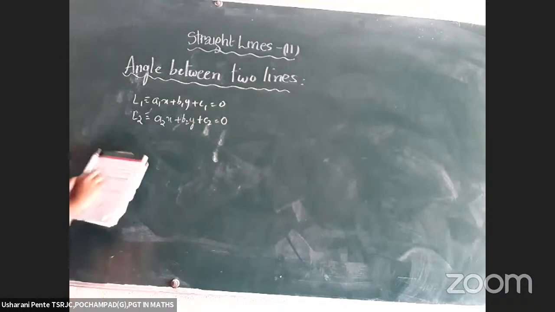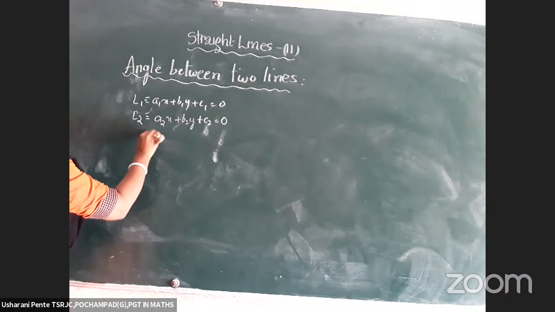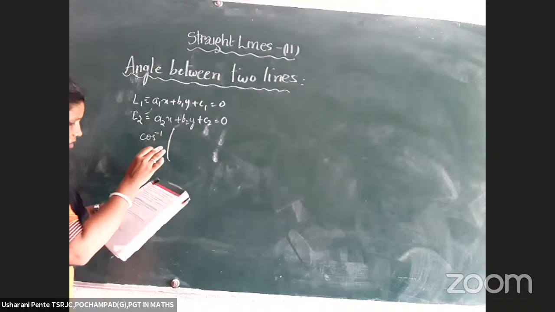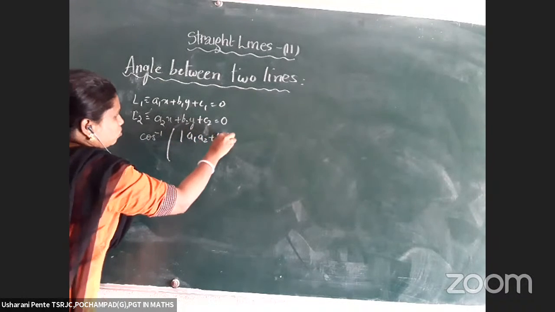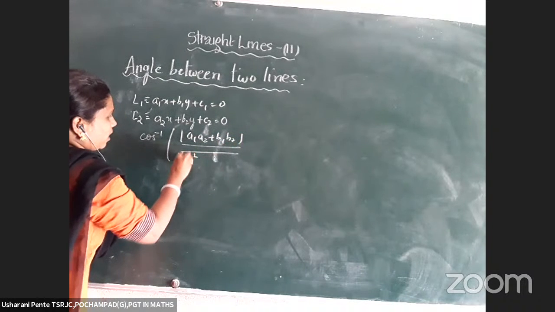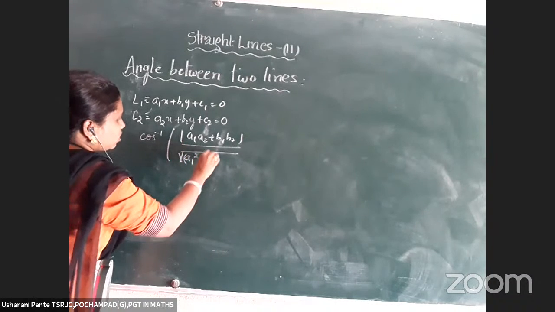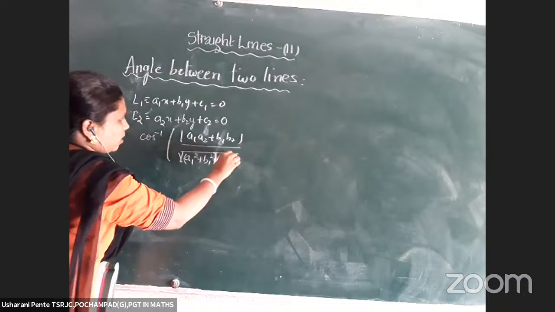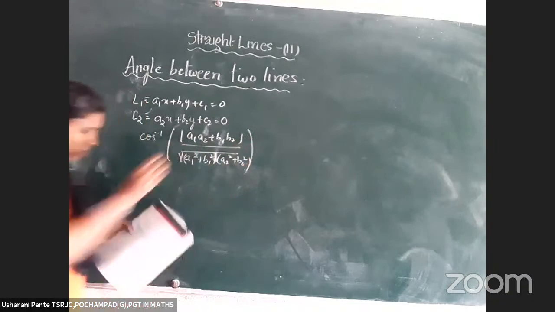Now what we need to prove is that the angle between them is cos inverse of mod of A1 A2 plus B1 B2 by under root of A1 square plus B1 square into A2 square plus B2 square.